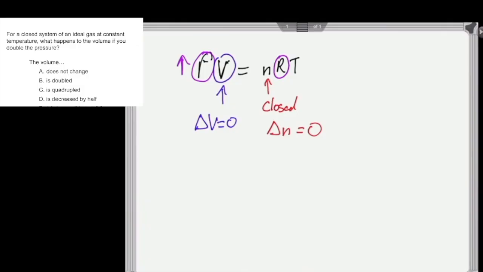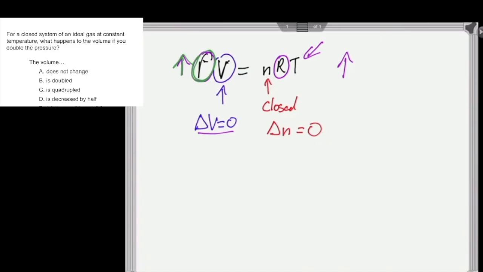If you look at this and you're like, okay, I am definitely changing my pressure. I'm increasing it. And if this equation is going to hold, something else has to give, right? If the left-hand side and the right-hand side are going to equal each other, and I'm saying that the delta volume is going to be equal to 0, then something over here has to also increase in order to compensate for that change in pressure.